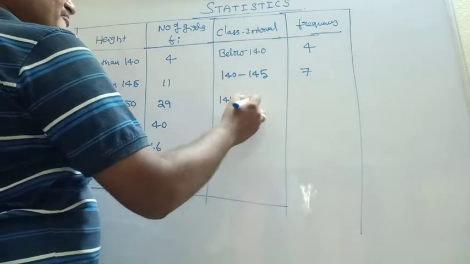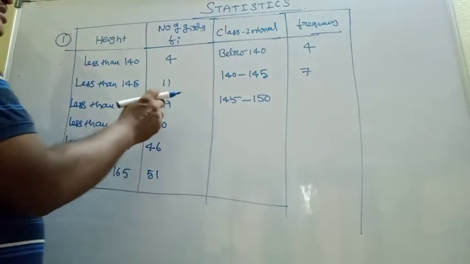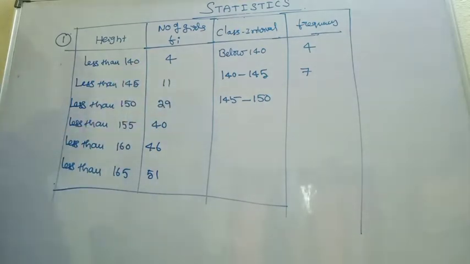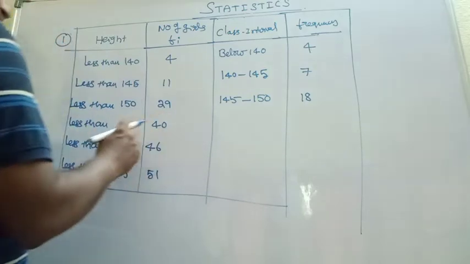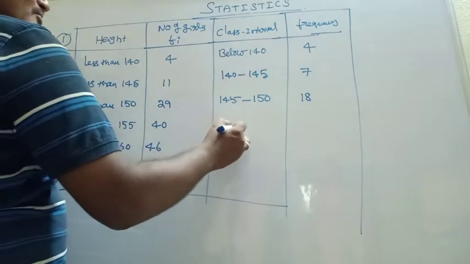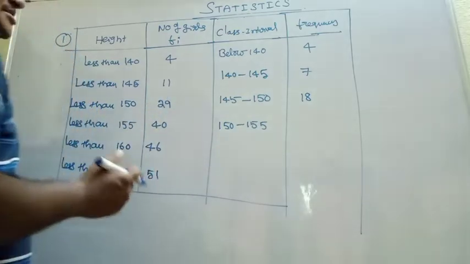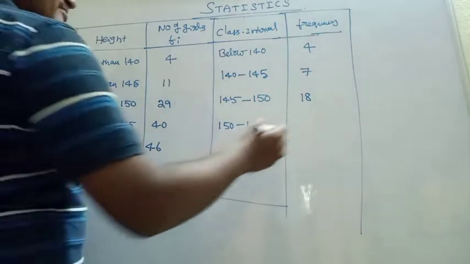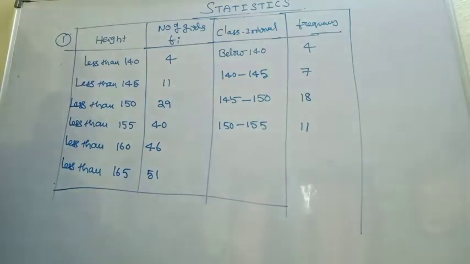Next, 145 to 150: 29 minus 11, that is 18. Next, 150 to 155: 40 minus 29 becomes 11.